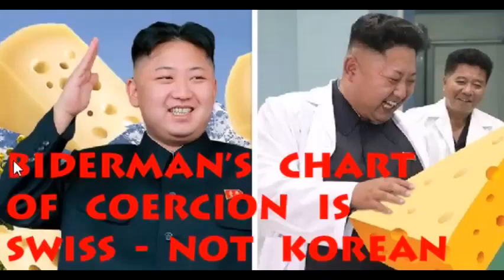So here it says Biderman's chart of coercion is Swiss and not Korean. He's seen with all the Swiss cheese here. So young Kimmy here is eating cheese as a Swissie, while the rest of the Koreans are lactose intolerant and can't even digest dairy products, which makes them vomit.